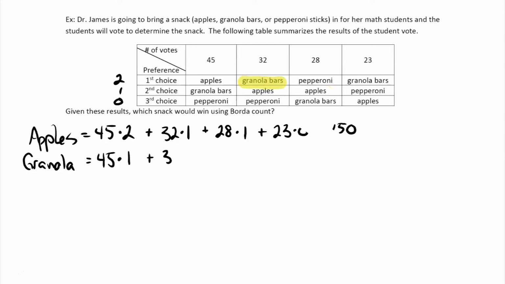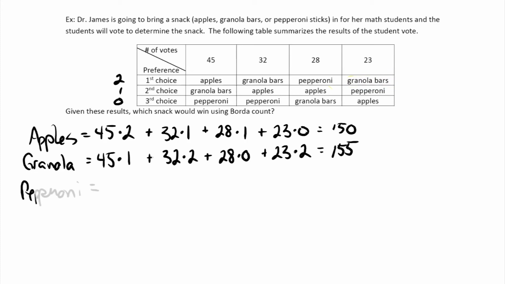So that means there are 32 times 2 votes for granola. In the third column, granola bars were ranked third, so those 28 votes are going to get multiplied by 0. And in the final column, granola bars are first again, so again we've got 23 times 2 this time. So we've got 45 plus 64 plus 46, which is equal to 155.